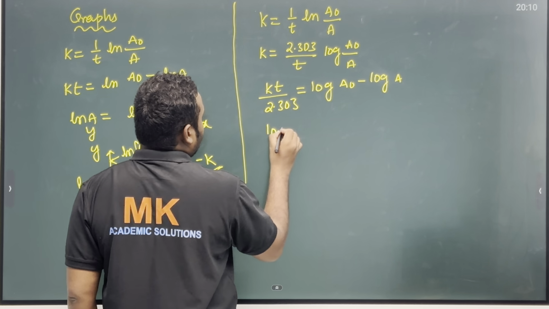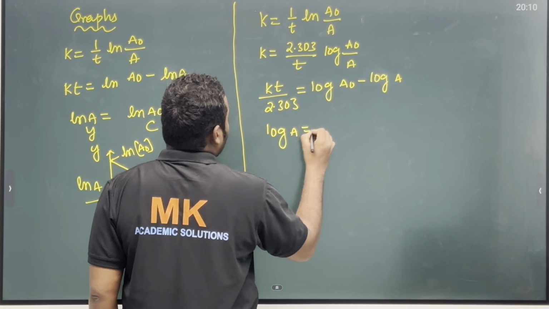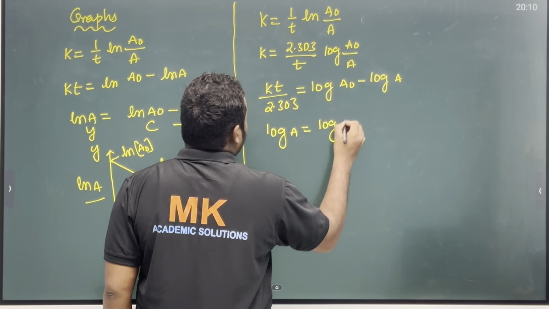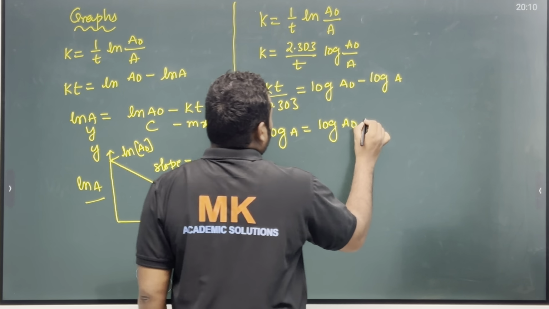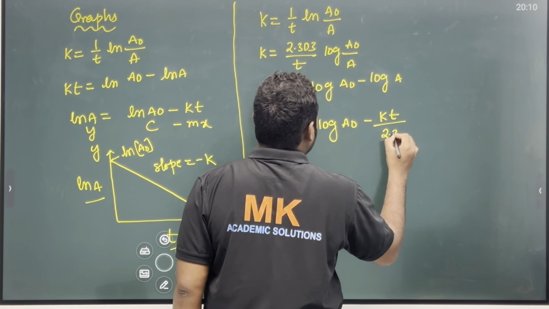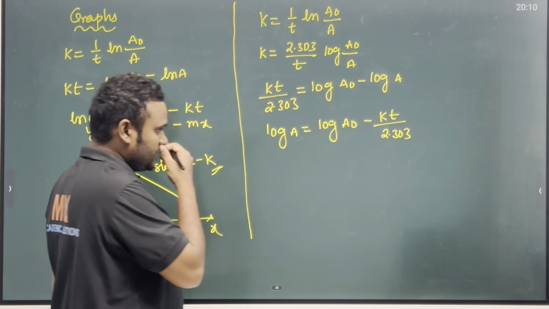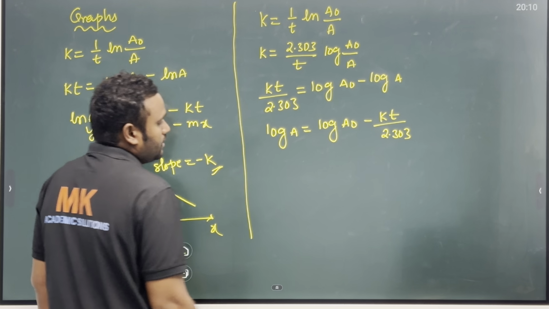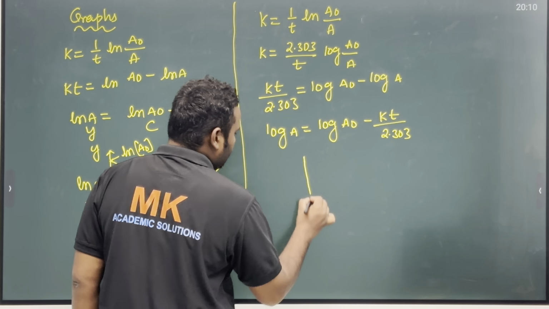So log A is equal to log A naught minus kt by 2.303.